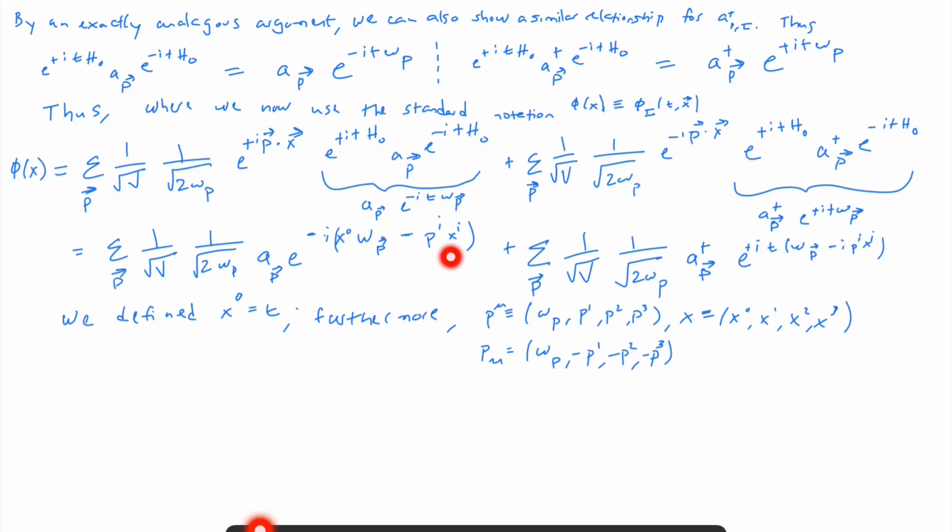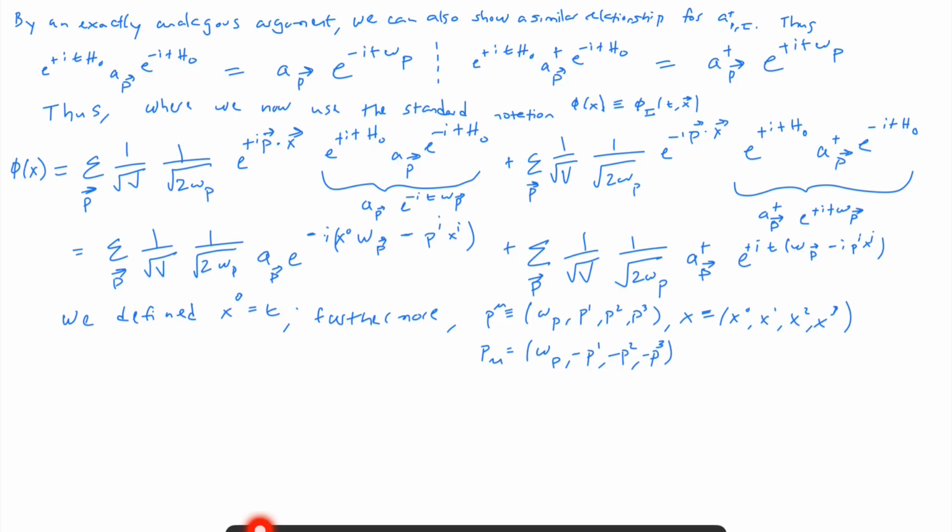But that's what this means. And there's a summation applied here. That's what this dot product is. This minus and minus becomes this plus. And then this minus over here, minus i t omega p, is right here, minus i. The t omega p is over here. t is x naught. Remember, x naught is our time dimension, so that's what t is. x naught equals t and omega p, so that's where this expression comes from.